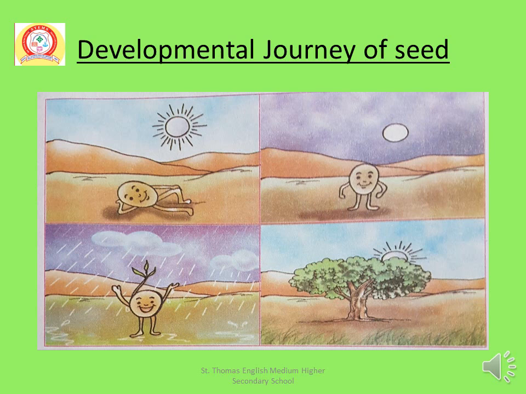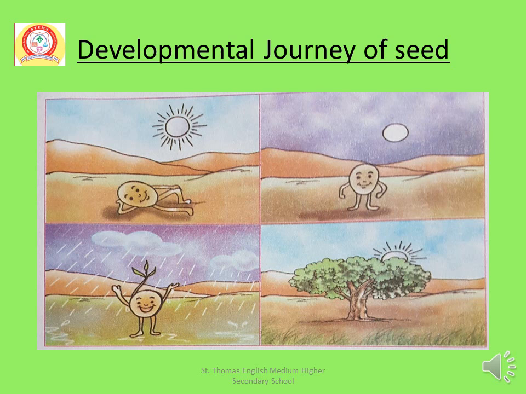Now, when it rains, the seed gets the water from rain, which is very much important for germination. In the last picture, we can see that the seed has grown into a big and tall tree.